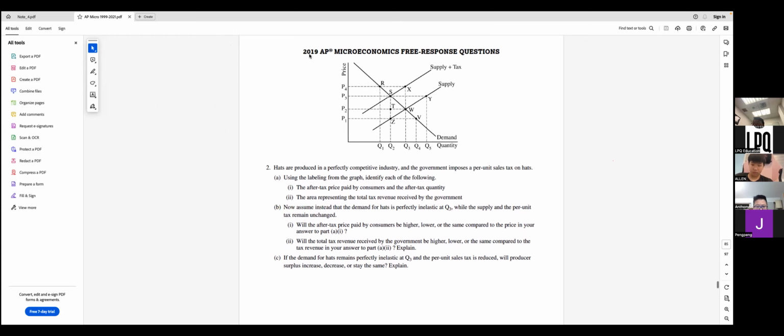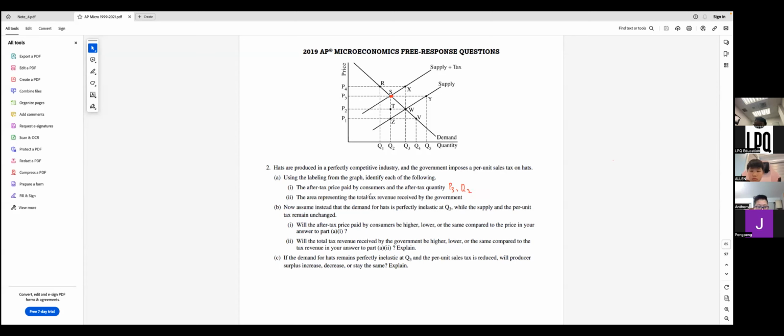Can we check the answer together? Let's do the first question. The after-tax price paid by the consumer: after tax the equilibrium is now at point 10, so the corresponding price is P3, and the corresponding quantity is Q2.